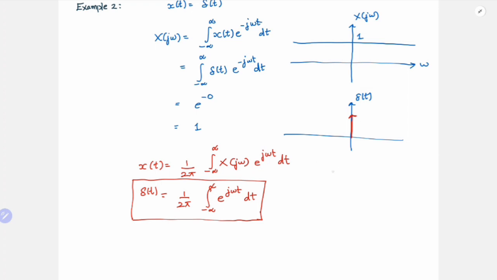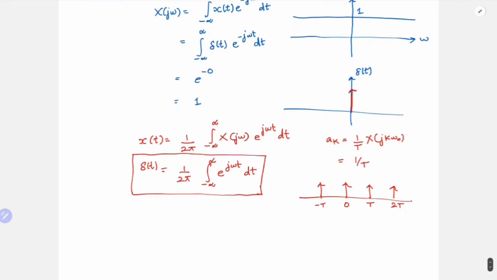And again, using Fourier series also you can represent. So a_k you have 1 by T times X(jkω0). X(jkω0) is again 1. So you have 1 by T, right? So it is like the impulse train we call it: 0, T, 2T, minus T and so on. It is something like this. Then what do you have?